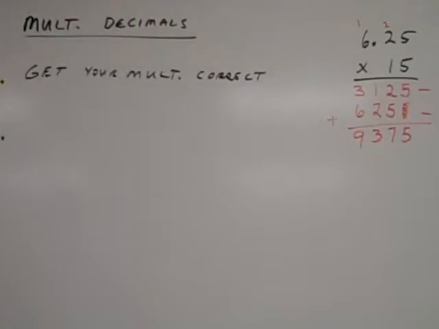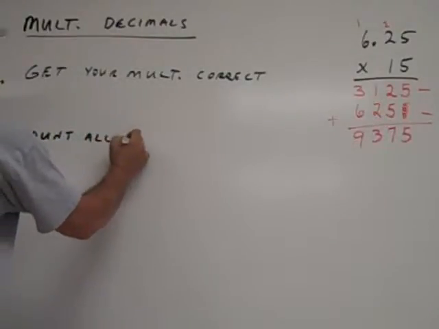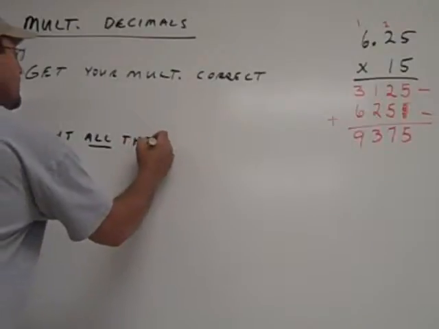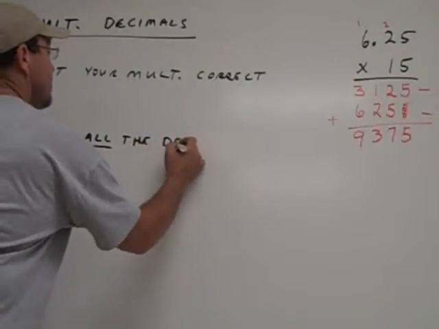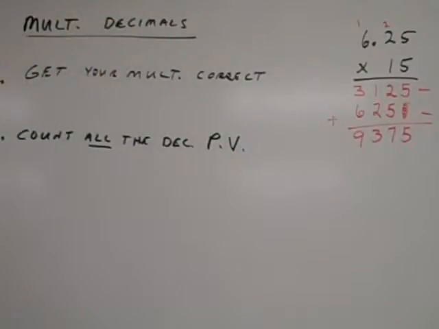Here's where we worry about our decimal. At this point, we count all the decimal PV. Remember what PV meant? Place value.